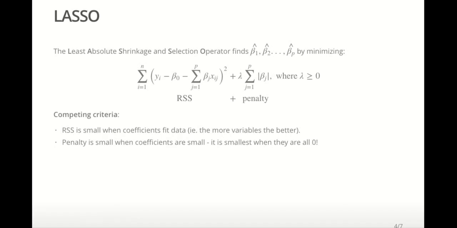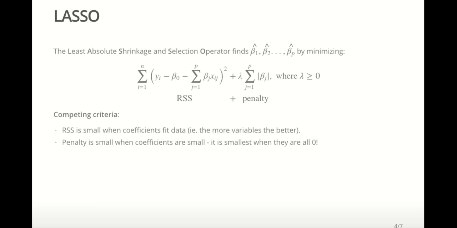The Lasso, which stands for Least Absolute Shrinkage and Selection Operator, minimizes a different quantity than in least squares regression. But notice that the first part is still the residual sum of squares. The second part is what is referred to as a penalty term, and it is the sum of the absolute value of the coefficients times a parameter lambda.